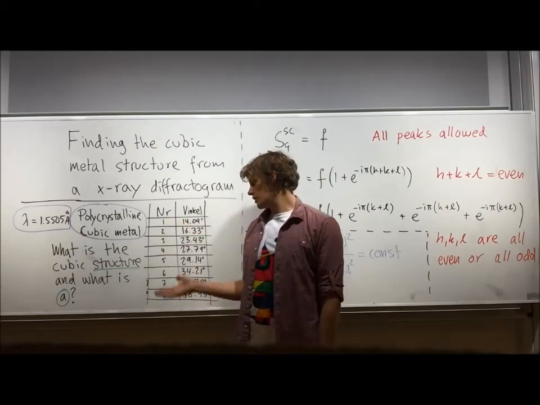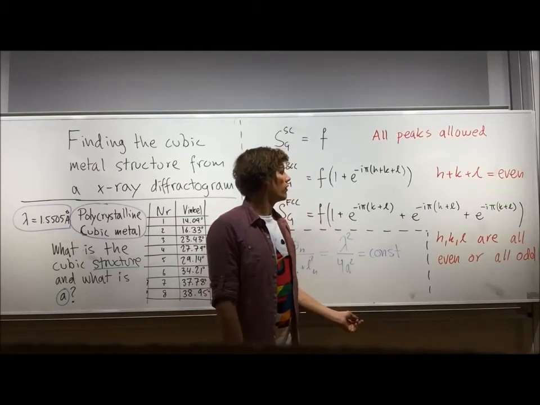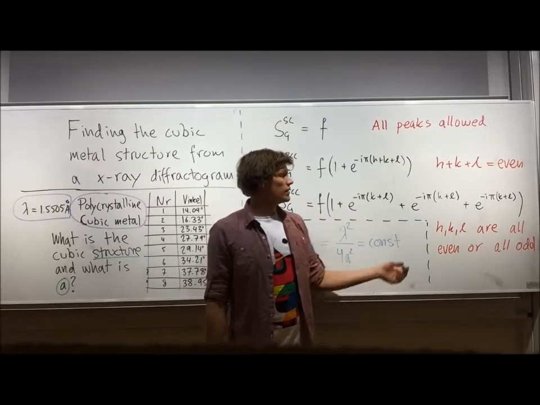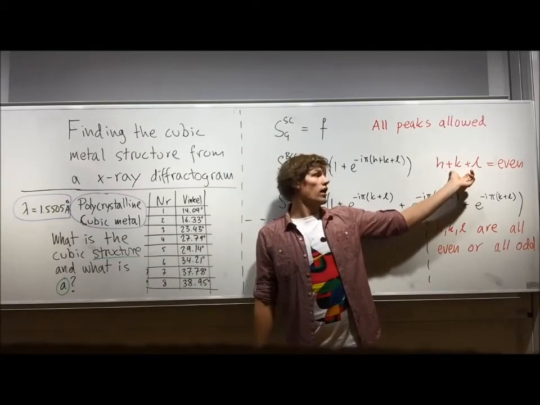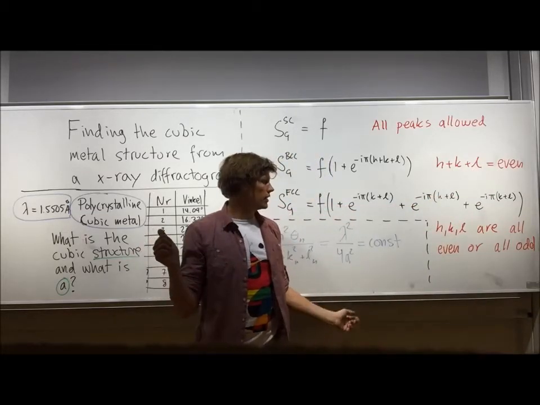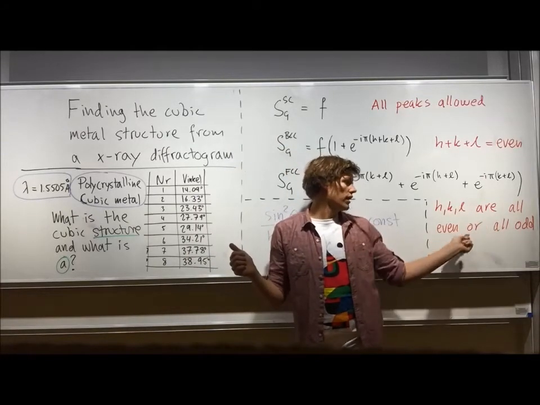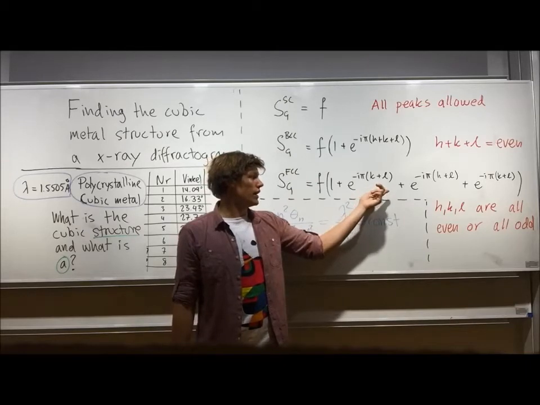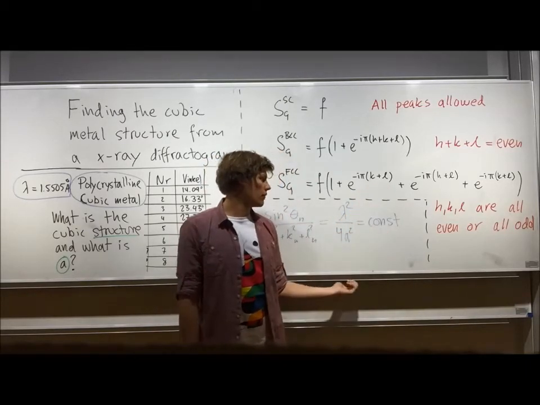And so the question is, is this all peaks that are possible, or is this only peaks where the sum of H, K, and L is even, or is this the peaks that correspond to H, K, and L all even, or all odd, which will give you basically a non-zero structure factor for the FCC.